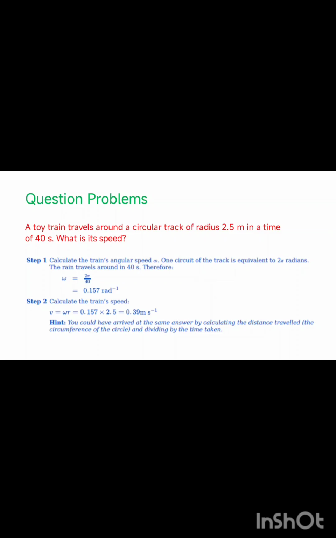Here the time period is 40 seconds, so 2 pi divided by 40 gives us 0.157 radians per second. Once we get the angular speed, we substitute it in the formula v equals omega r. So v equals 0.157 multiplied by 2.5, which equals 0.39 meters per second.